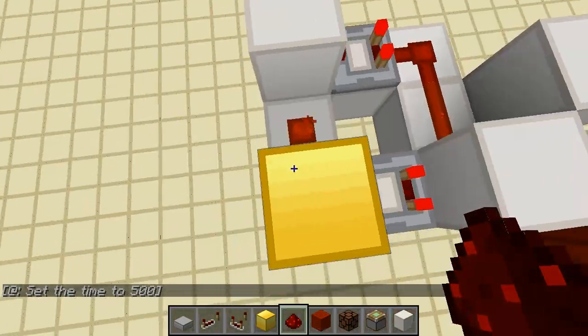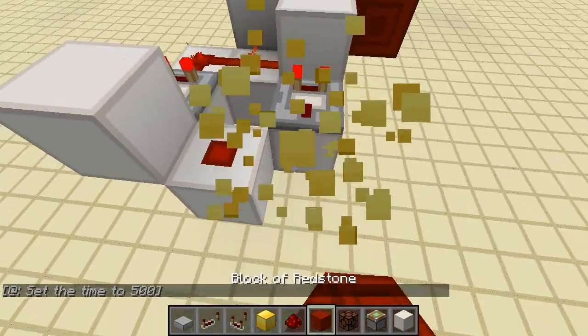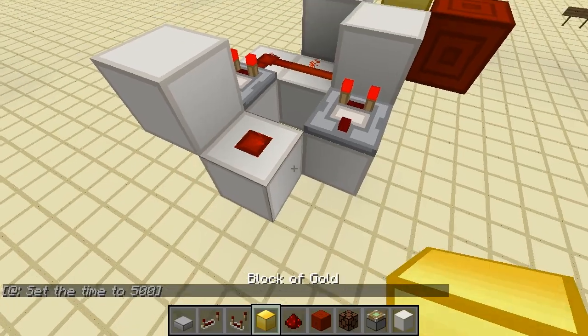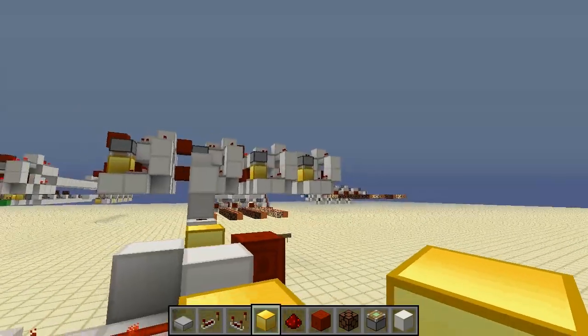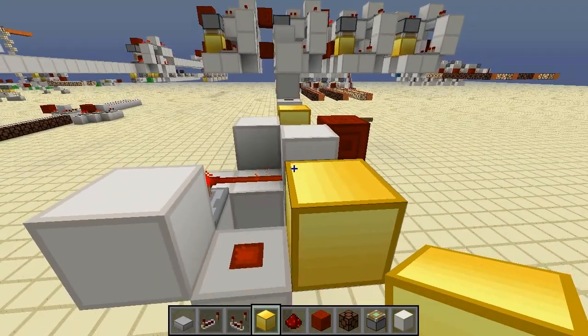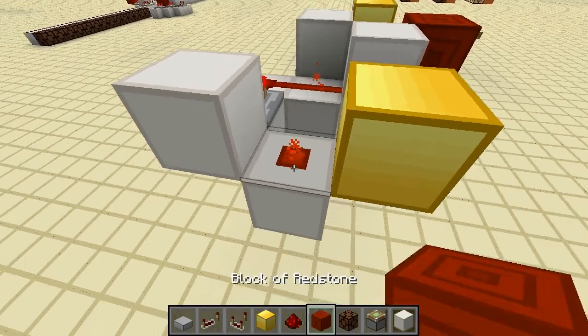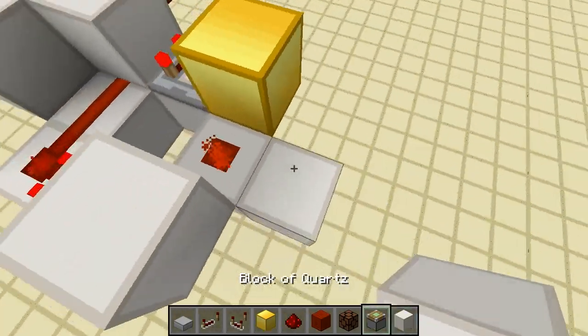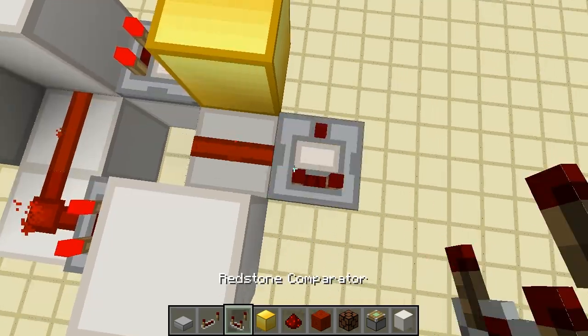And if we want to add 1 to the value, we can just remove the gold block, which we will do with a piston. Note that gold blocks, of course, don't have to be gold blocks. This is just my shorthand for movable blocks, because it makes things easier to see.